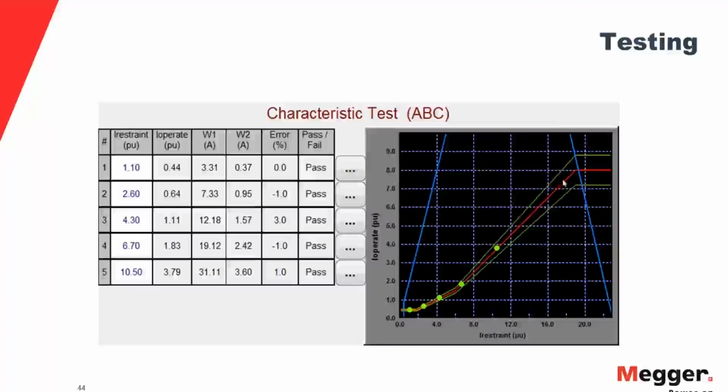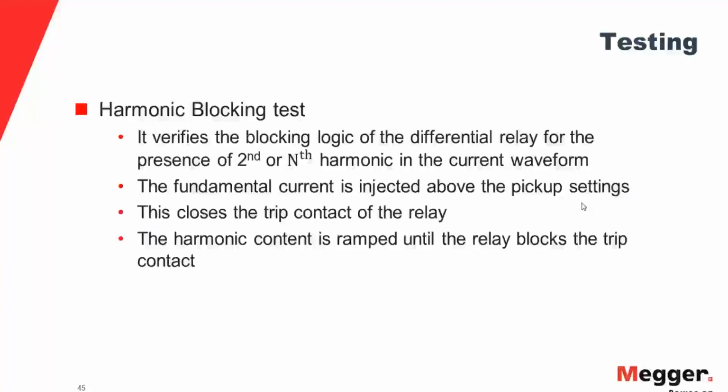You have to make sure that you're testing at different restraint current values that validate the protection for its sensitivity. Depending upon the fault current that you're injecting, the relay should operate based on the slope value and also the restraint equation. I have provided some of the restraint equations from different manufacturers.